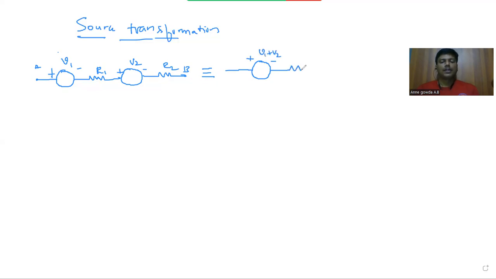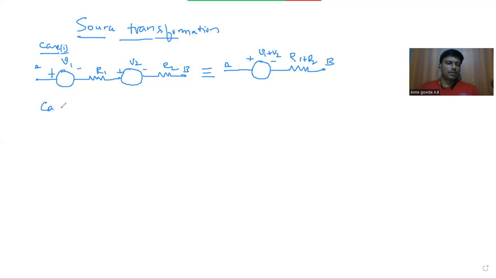Similarly, R1 and R2 are connected in series, so I can replace them with an equivalent resistance, which is given by R1 plus R2 across the same terminals A and B. This is case 1, where V1 and V2 are of same polarity.